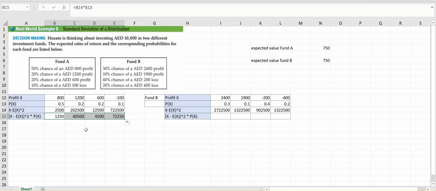So these are my values: 40,500, 4,500, 72,250. Then I need to do the same over here.